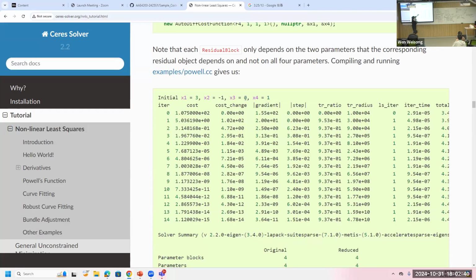This is the gradients, meaning the norm values of the Jacobian vectors. You see the time is quite short, right? This should be in seconds. It's quite short, so it can solve this problem immediately.